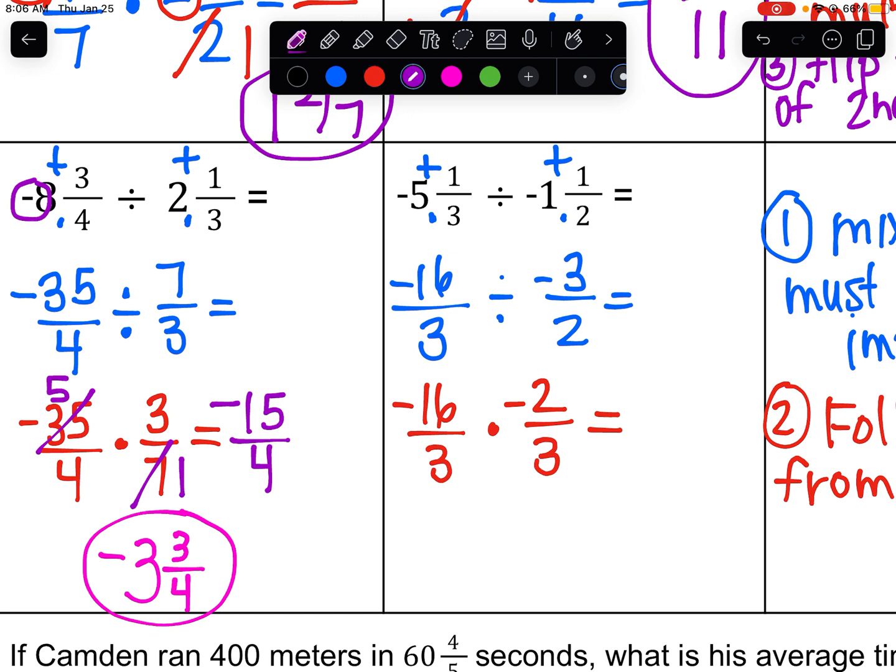There are none here. There's both 3's on the bottom, and 16 and 2 have nothing in common. So we do 16 times 2 is 32. And 3 times 3 is 9. There are 2 negatives, so we leave it positive, but let's make that back to a mixed number. 9 goes into 32 3 times, which is 27. 32 minus 27 is 5/9.